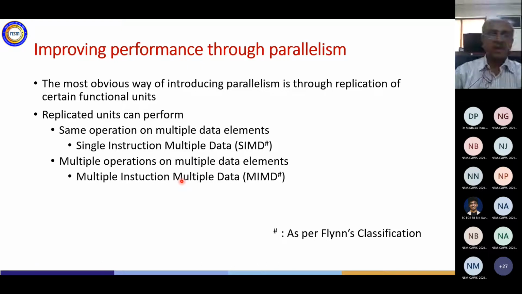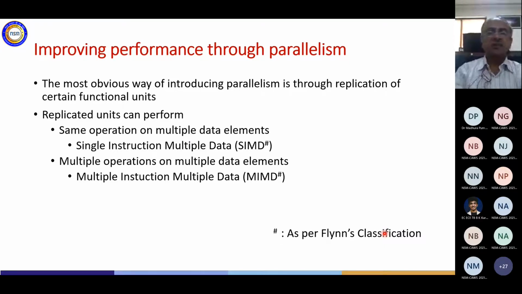They are called MIMD. If you have studied computer organization in second or third year, you would have studied Flynn's classification: single instruction single data, SIMD, MIMD, and multiple instruction single data. These are the 4 classifications that he did.